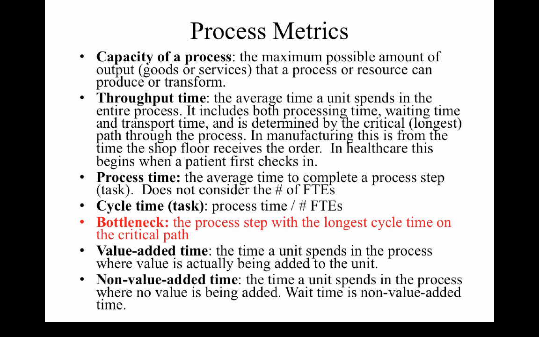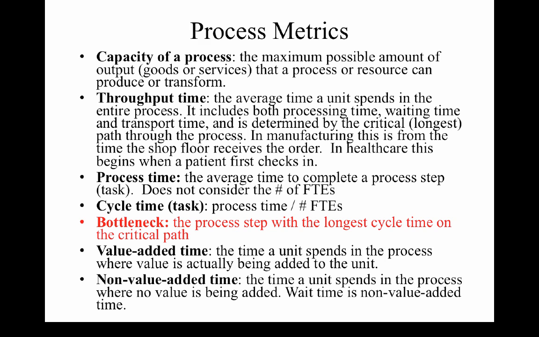There might be simultaneous things going on, maybe two processes at the same time. So it's whatever process has the longest route. And the reason a bottleneck is so important is that if you can reduce that time, you can ultimately get people through your process faster.